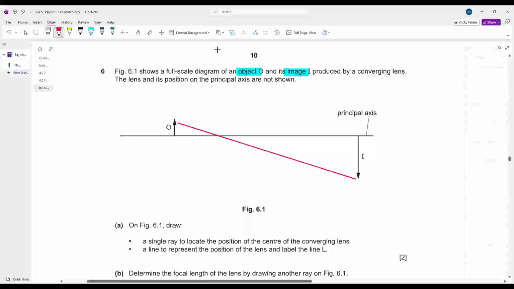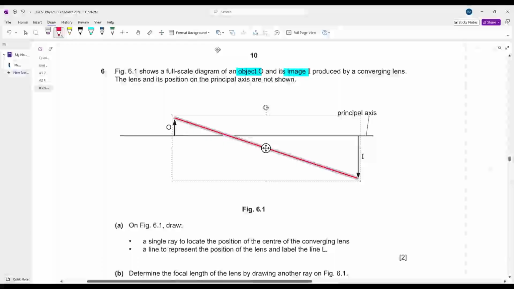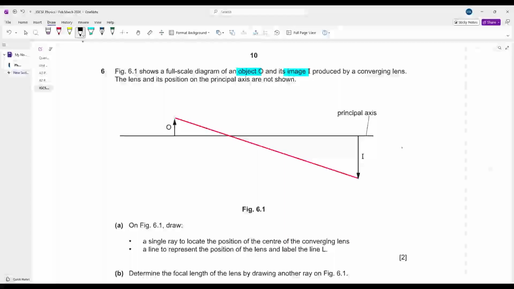First of all, you will bring a ray from the top of the object to the bottom of the image. इस तरह टॉप ऑफ द ऑब्जेक्ट से आपने बॉटम ऑफ द इमेज तक जो है वो लाइन बना दी. This point will be what?